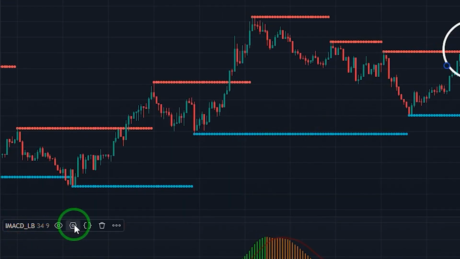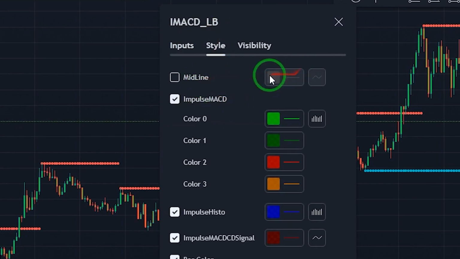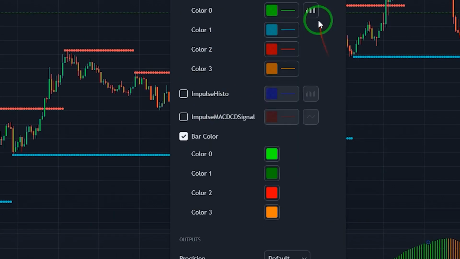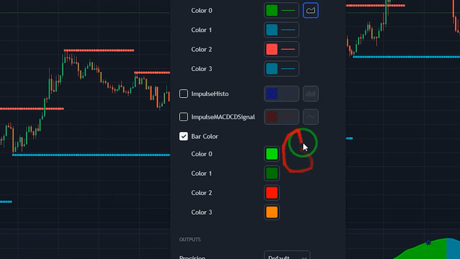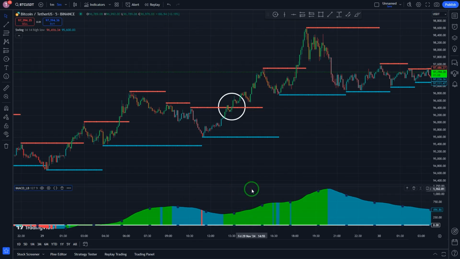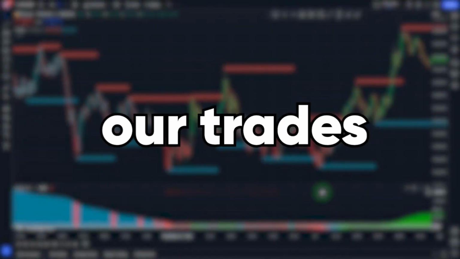Now we enter its settings and make some changes inside it. Now that we have done everything correctly, it's time to know how to profit from our trades.